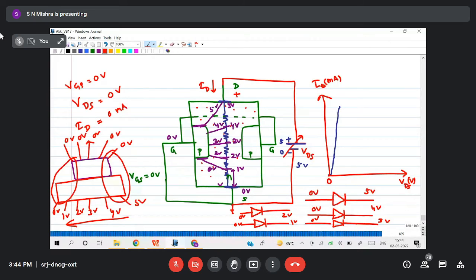Are you able to hear or not? Yes, sir. Then respond. I have drawn 5 diodes, reverse bias, sir. Reverse biased. So this one, how much reverse bias? This one will also be the same reverse biased, or more reverse biased, or less reverse biased compared to the first one.